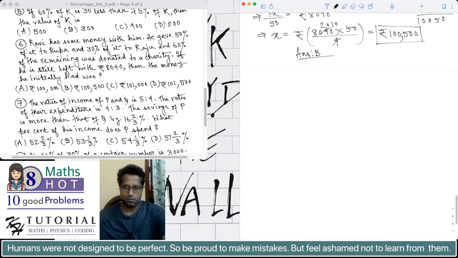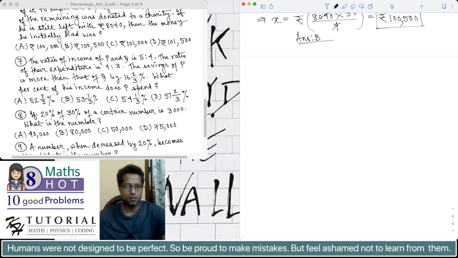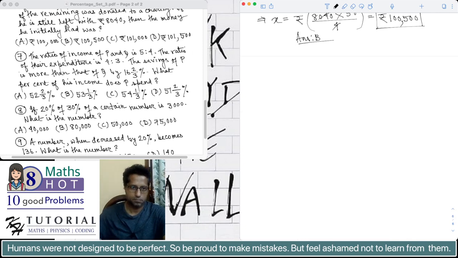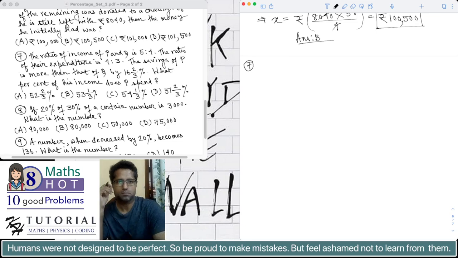Okay, let's do problem number 7. The ratio of income of P and Q is 5:4. The ratio of their expenditure is 4:3.